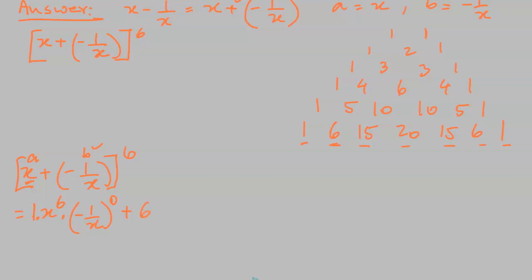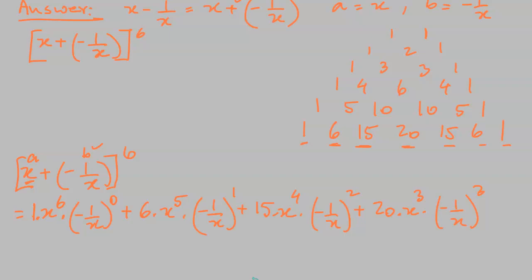So 6 times x to the power of 5 times negative 1 over x to the power of 1, plus 15 x to the power of 4 times negative 1 over x to the power of 2, plus 20 x to the power of 3 times negative 1 over x to the power of 3.